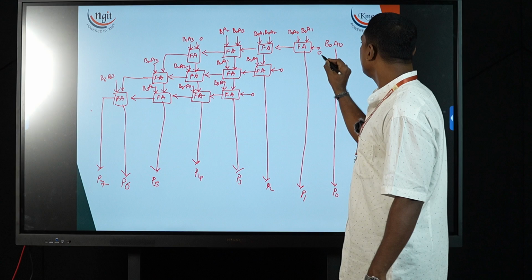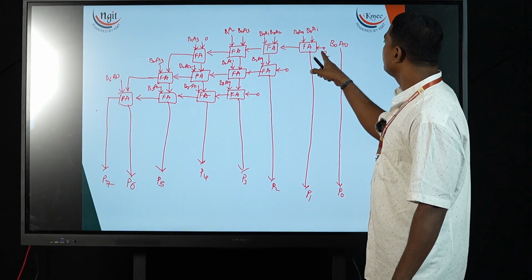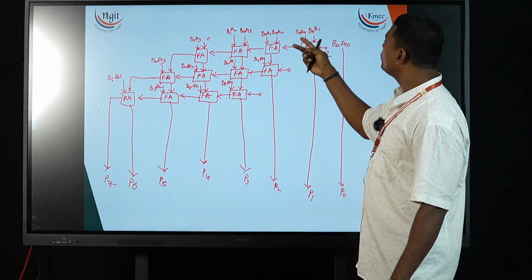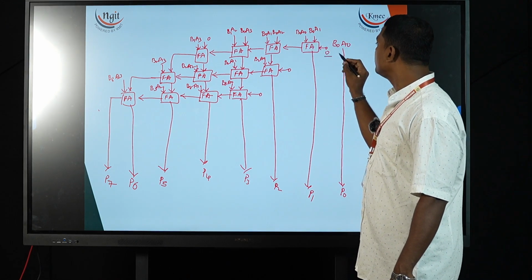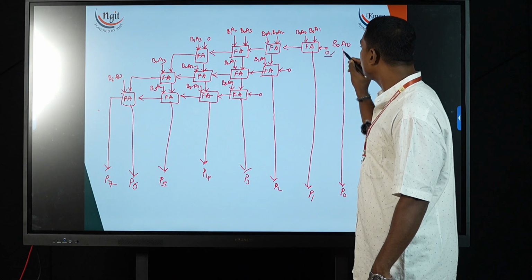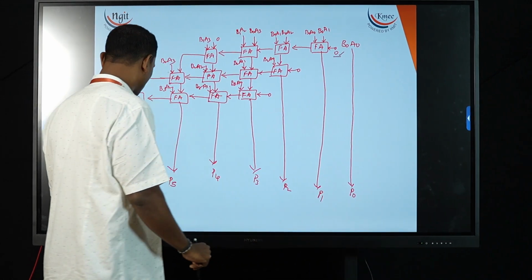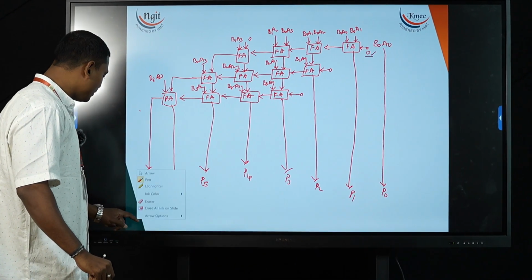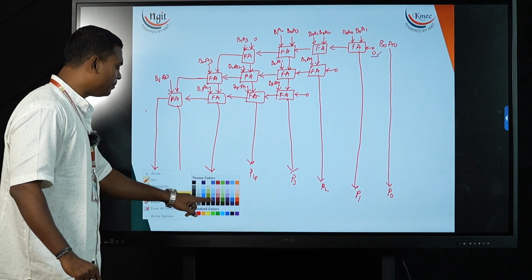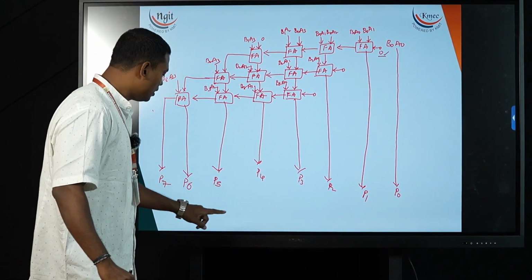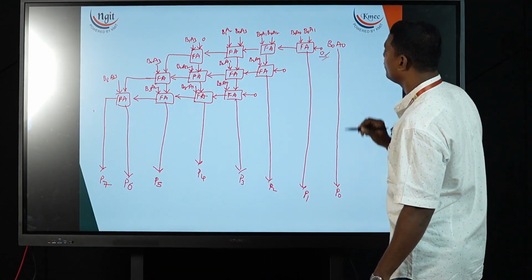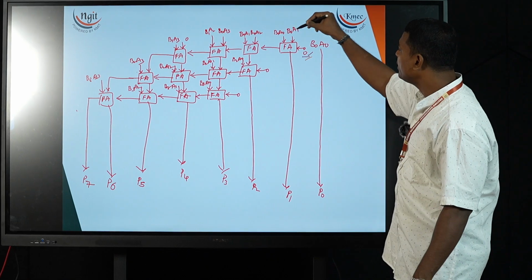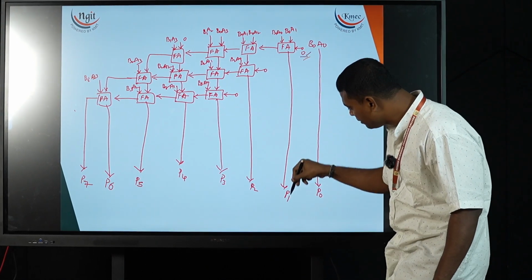For the second term, for a full adder I have only two terms, B0 A1 and B1 A0, along with which I am considering my carry input as C0. Why? Because a full adder has 3 input terminals. So that's the reason I am marking my carry input as 0 here, so that I have 3 input values, which generates P1.